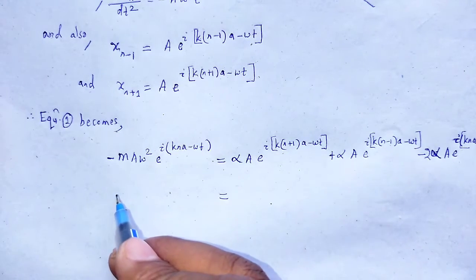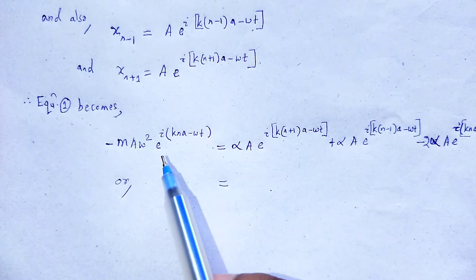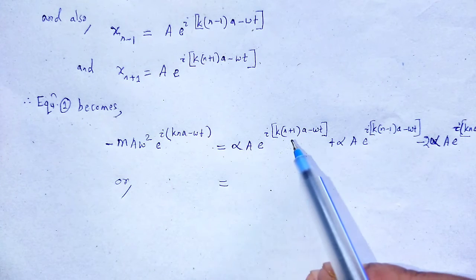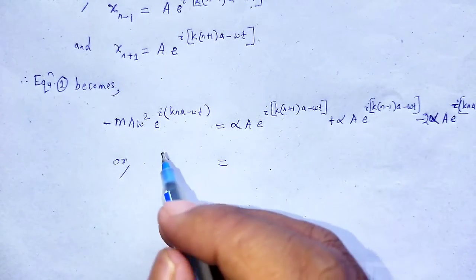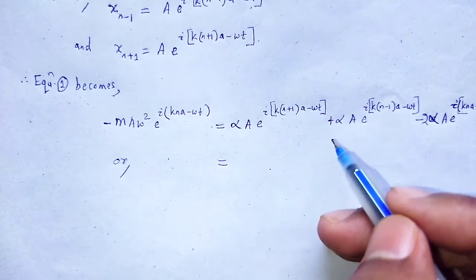Now from these two sides e to the power i(k n a minus omega t) cancelled out and A also cancelled out on both sides.